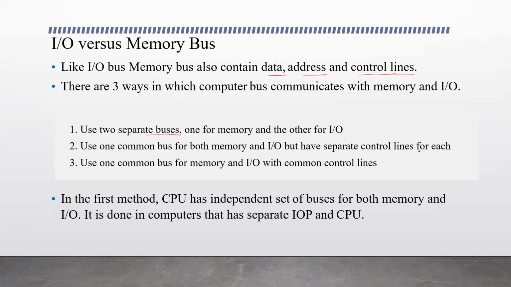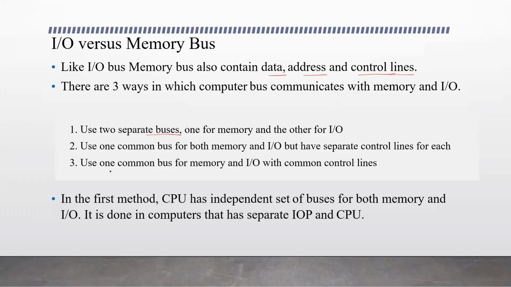When it is to communicate with memory, the memory read and write control is enabled, so at that time the processor cannot communicate with the I/O device. The common bus is used for two different devices, and that is controlled by the control lines. Two separate control lines are used.